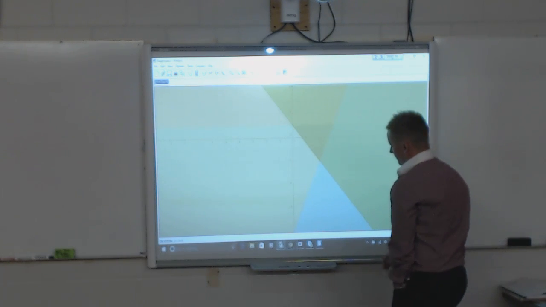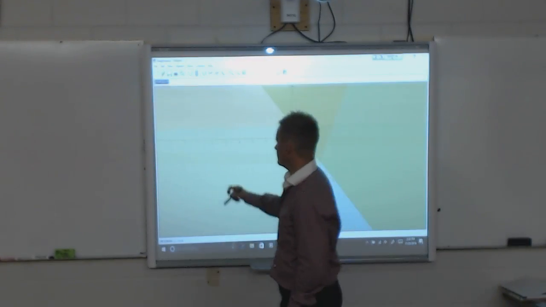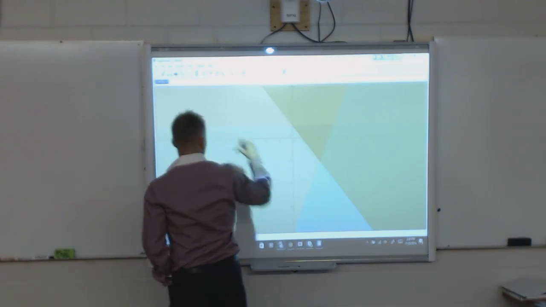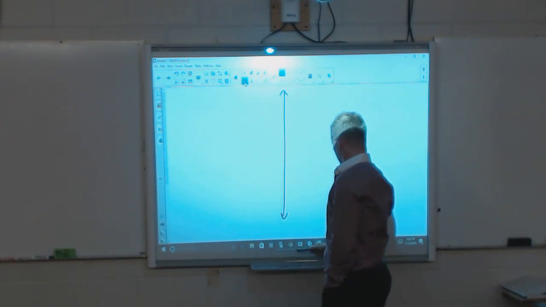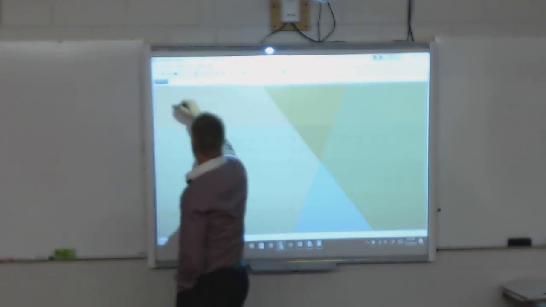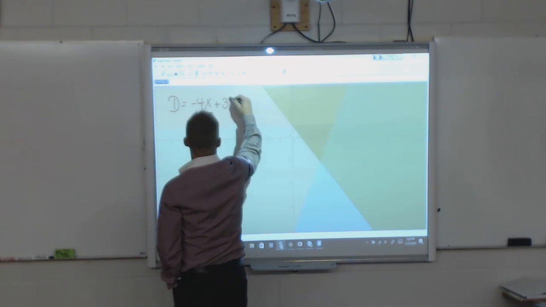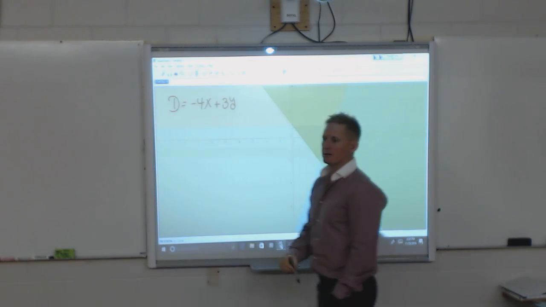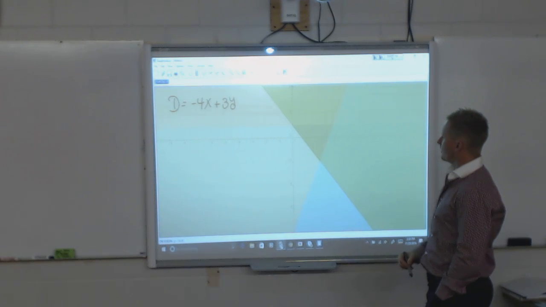Right? What is our objective function? D equals negative 4x plus 3y. And we want the maximum value to do this. But we have to use only the values that we have from our graph.